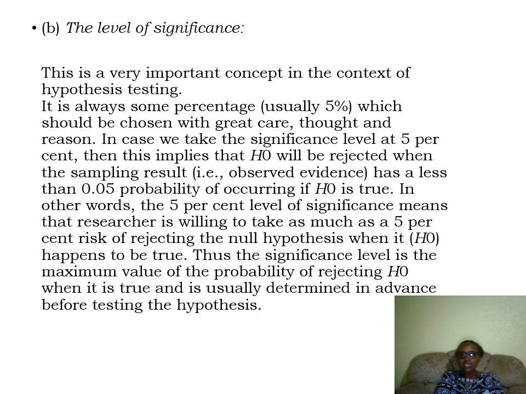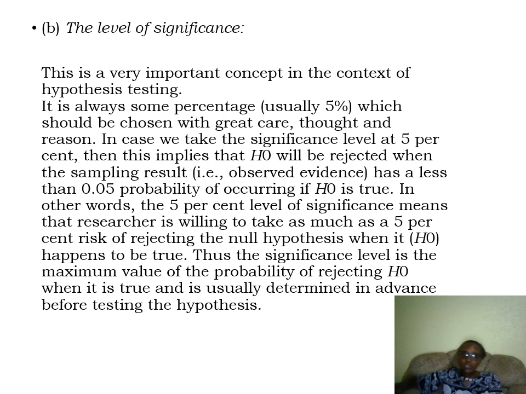If I find the level of significance is less than 5%, then my null hypothesis is true. If it is above, then I reject my H0. That is, the two methods cannot be of the same quality. One is superior to the other. So that's the significance of putting the level of significance in the research.